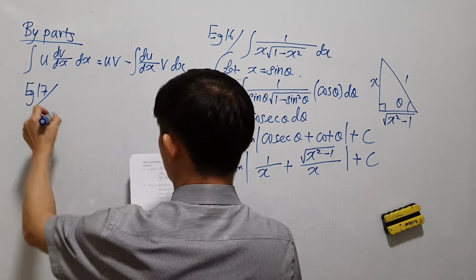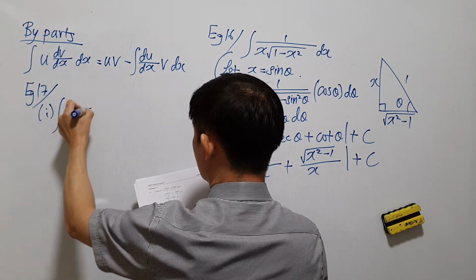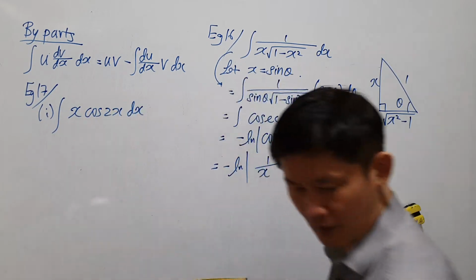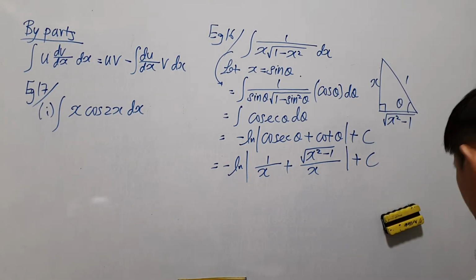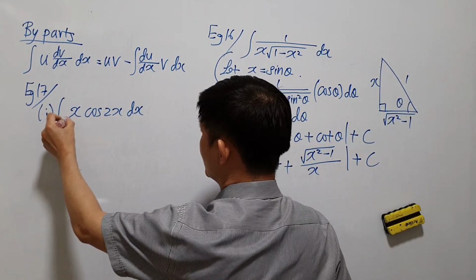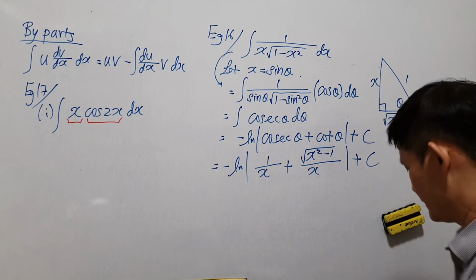In example 17 part 1, you are given this question, x cos of 2x dx. How do we do this question using by parts? You want to choose this to be your u, and then choose this to be your dv dx.